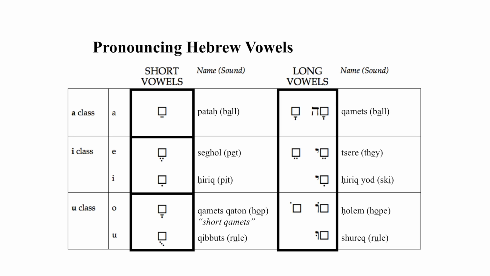On this chart, what you need to pay attention to is the sound correlation between the symbol and what it sounds like. There are Hebrew names that are listed there, and you'll become more familiar with those from the exercise as you try to identify what the vowels are. But pay close attention to the sounds as your primary attention.